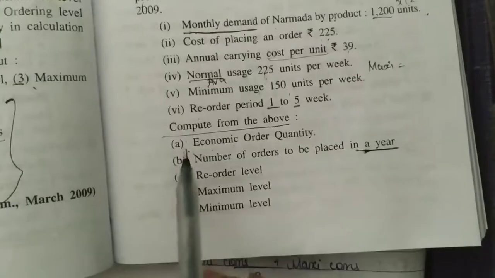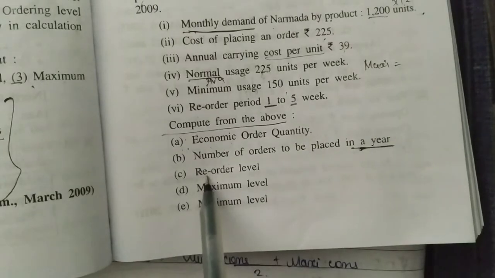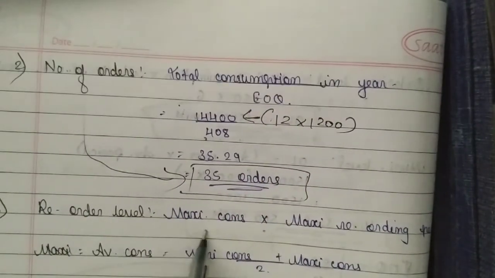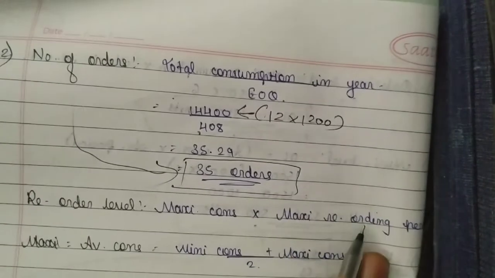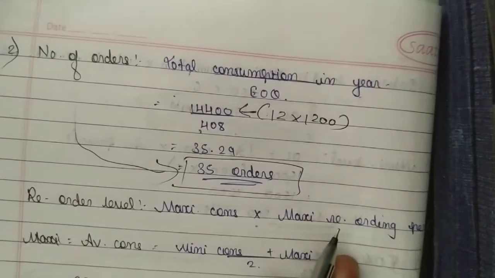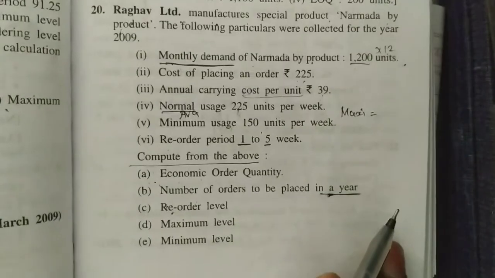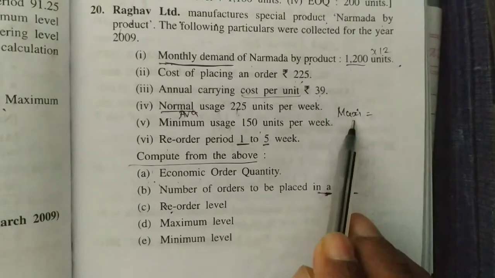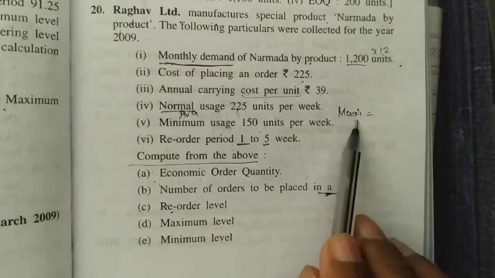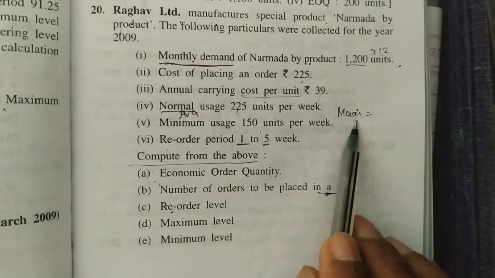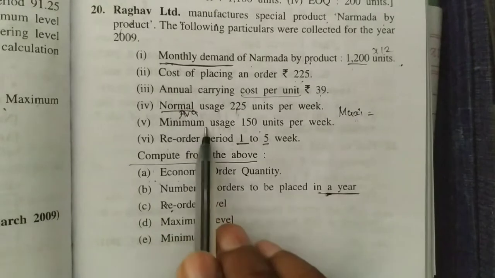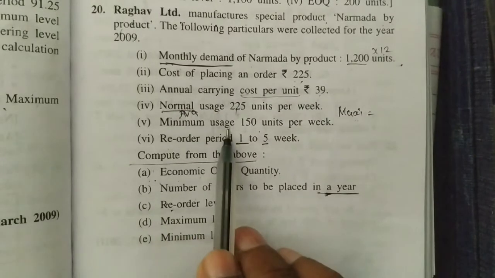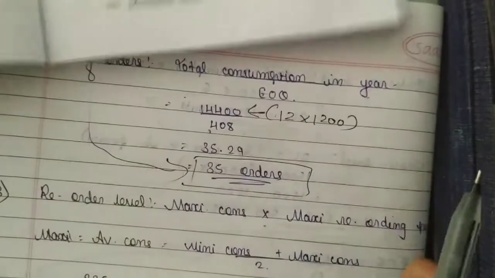Now the next one is reordering level. See, the formula for reordering level is again the same: maximum consumption multiplied by maximum reordering period. I have already told you that maximum consumption is not given. You have to find maximum consumption, because all other details are given but maximum consumption is not. So on the basis of normal usage and minimum usage, that is average consumption and minimum consumption, you have to find maximum consumption.